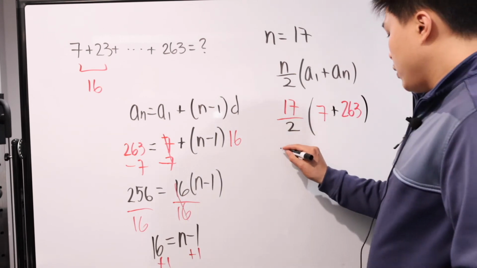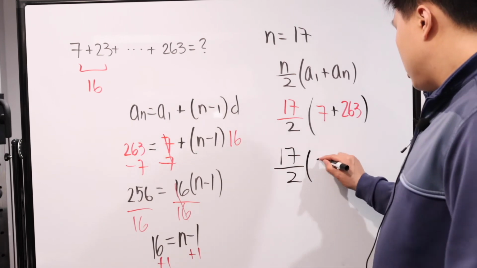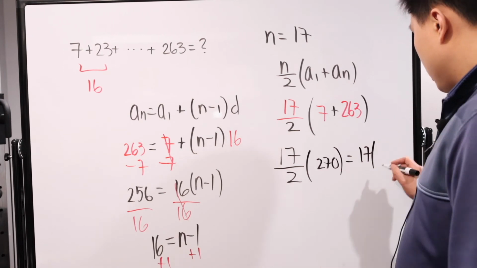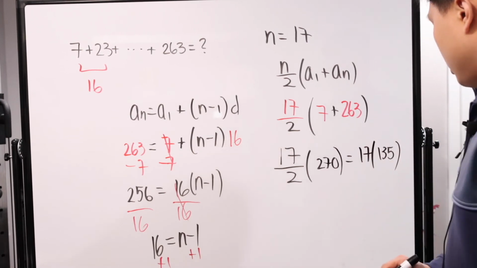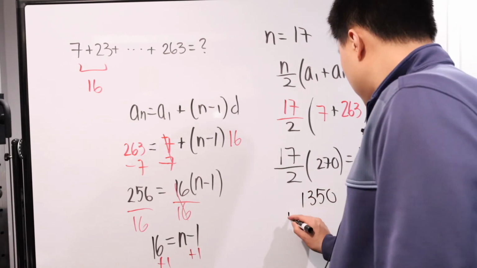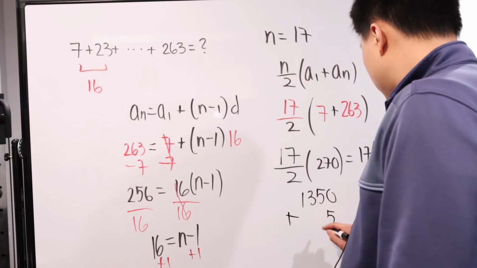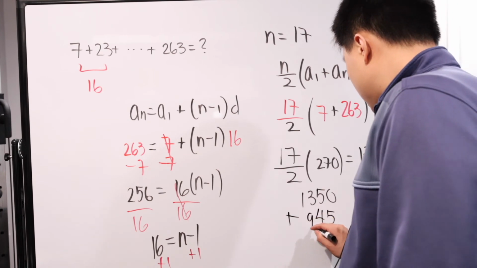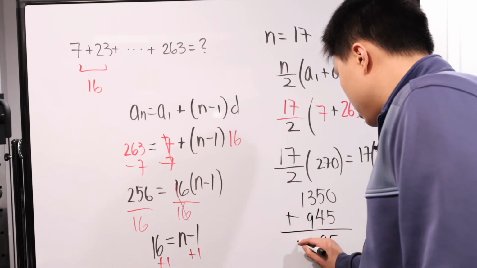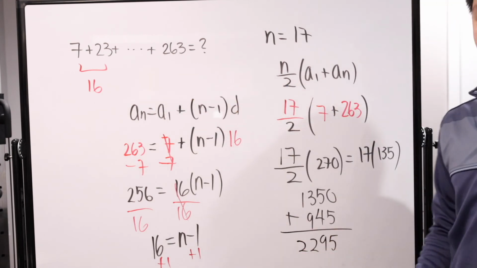Let's see, that's 17 over 2 times 270, which if we simplify is just basically 17 times 135. And what is that? 1350 plus 945 is going to be what? 2,295. So the sum of all these numbers is 2,295.